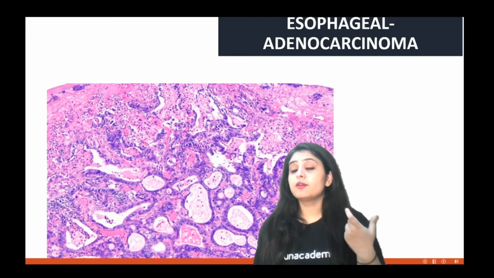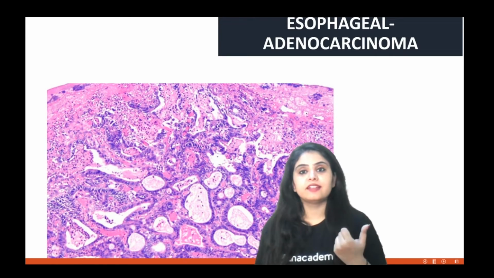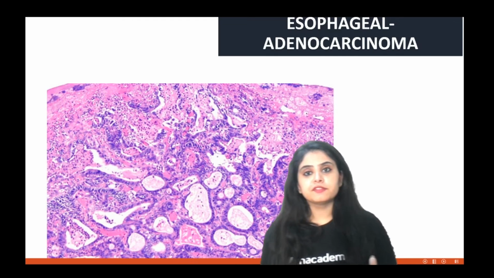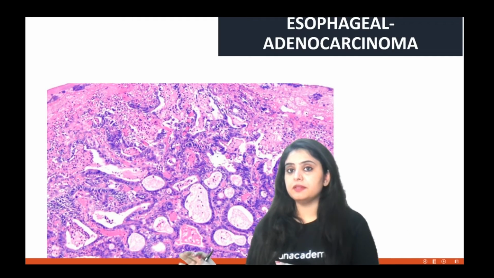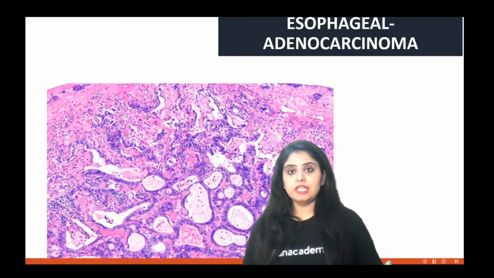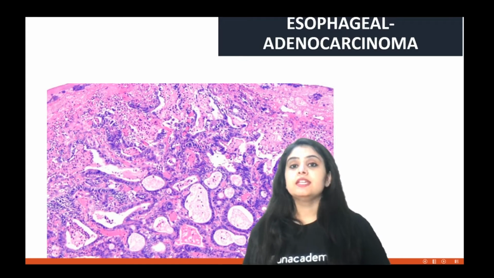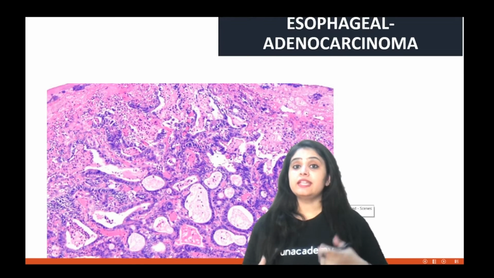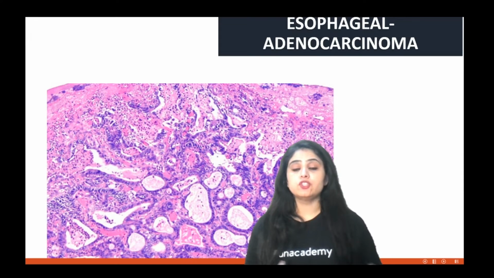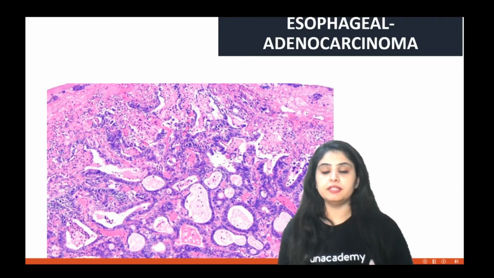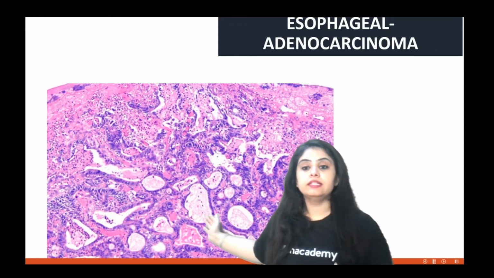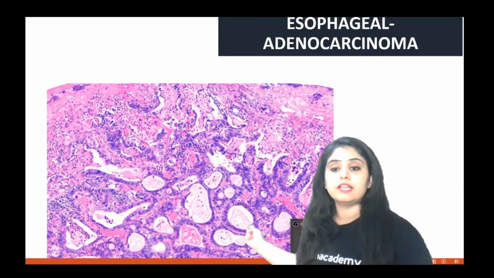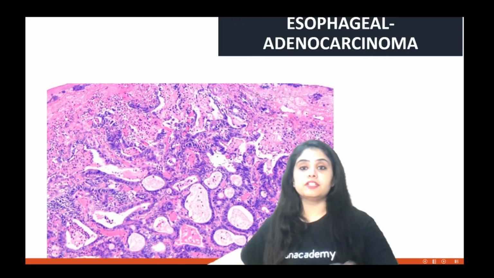So from where did this glandular cancer arise? Remember, we just discussed the image of Barrett's esophagus, where the squamous epithelium was undergoing a metaplasia into glandular epithelium, correct? So when a cancer arises in that metaplastic glandular epithelium, that is going to be this adenocarcinoma. Very characteristically, all over here, guys, you can appreciate glands that are infiltrating the stroma.